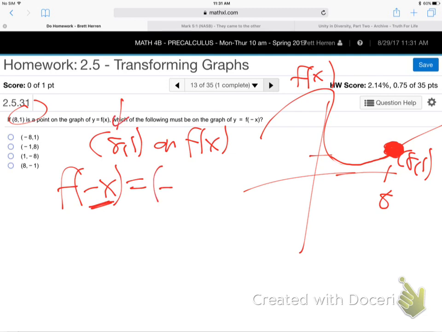It just changes the x, doesn't it? Negative 8, 1. Nothing too fancy yet, right? Just the negative on the x.